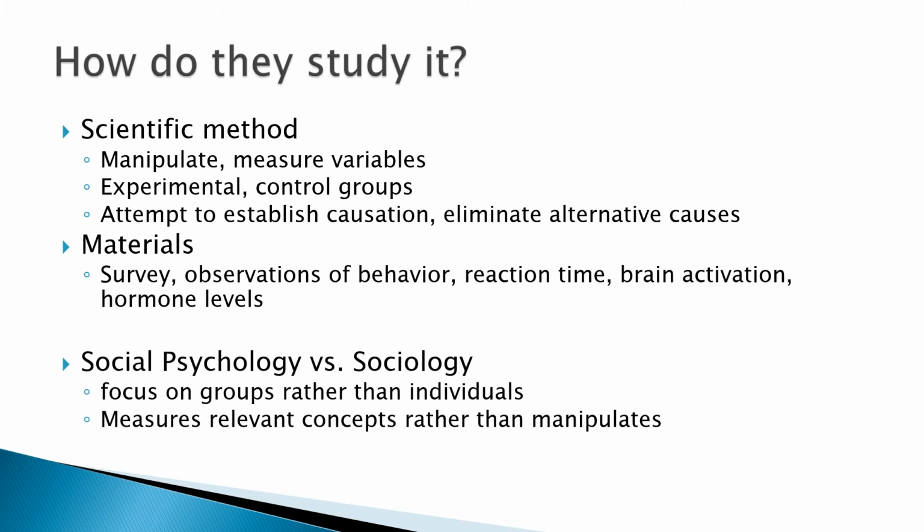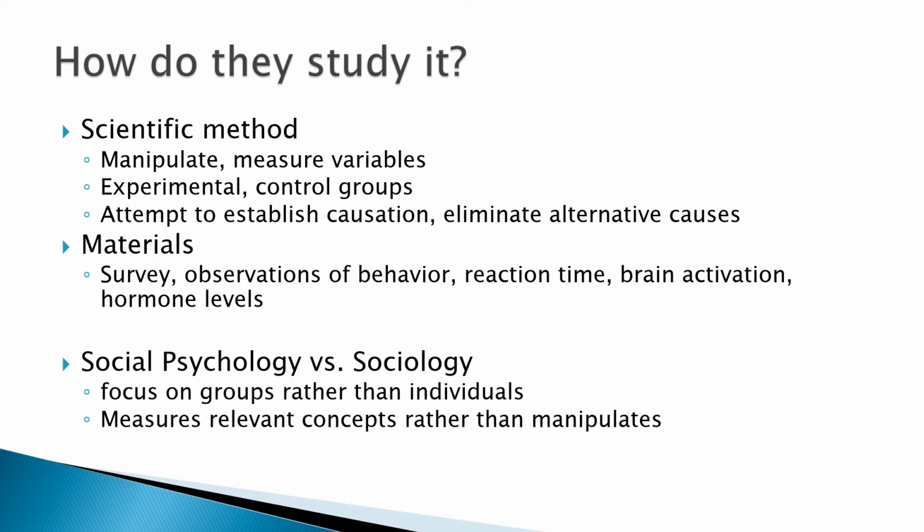As we talked about before, social psychology is different than sociology for a few different reasons. The first is, of course, the focus on individuals in social psychology, as opposed to the focus on groups or communities in sociology. In addition, social psychology is more focused on research in a specific sort of experimental way. So, for example, sociology tends to measure an awful lot and observe an awful lot, but social psychology is a lot more focused on manipulation of the environment to see how that leads to changes.